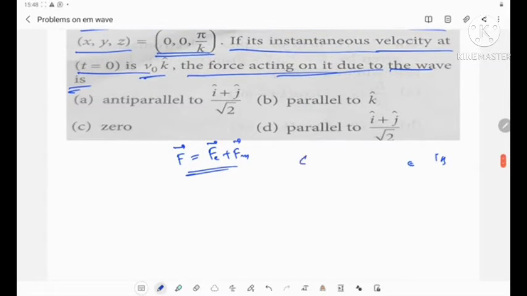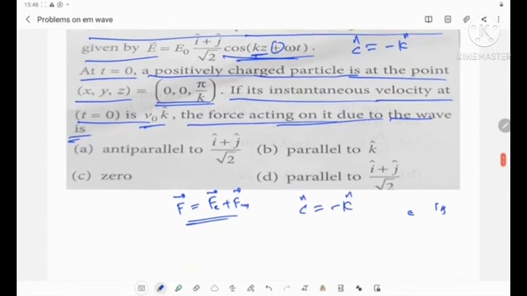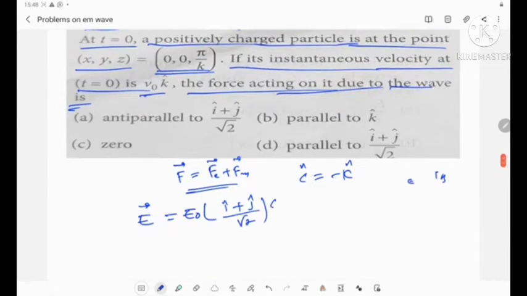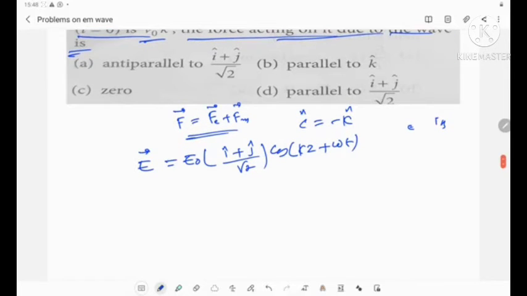The electric field vector E bar is equal to E naught into (i cap plus j cap) by root 2 into cos(kz plus omega t).